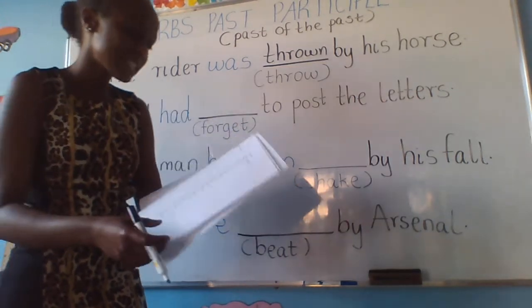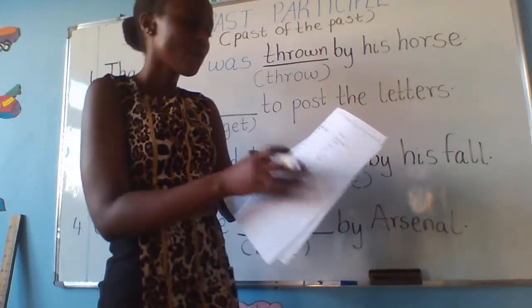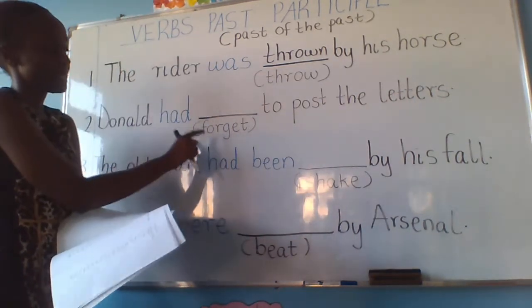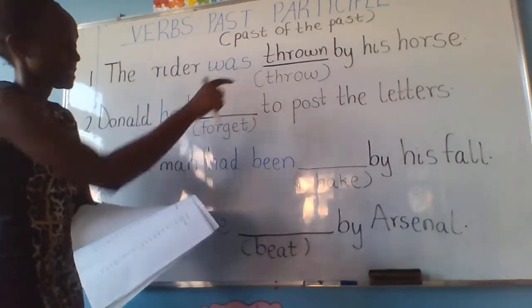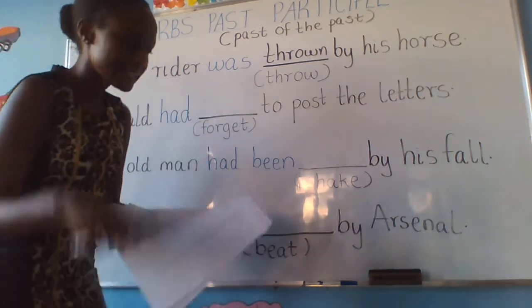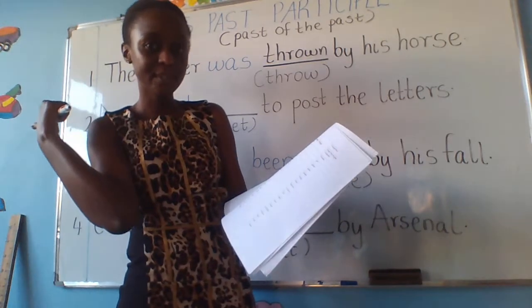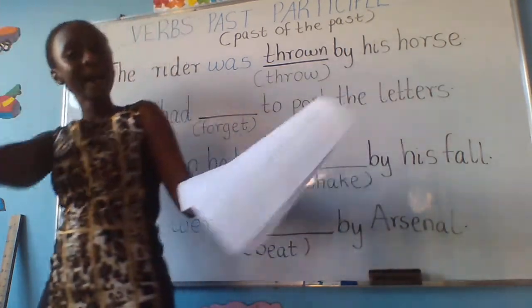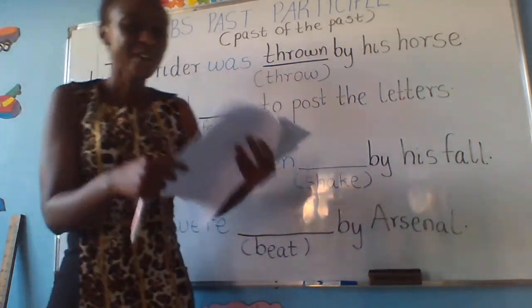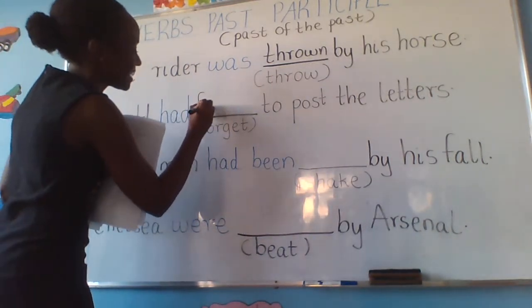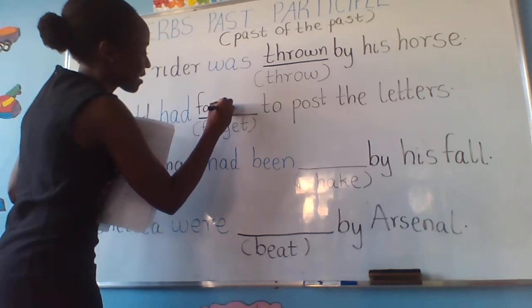Now, the past participle of the word forget. Remember, we have to change the verbs here into past participle. Forget is the present tense, happening now. Past simple tense is forgot. Past participle is forgotten. Good.